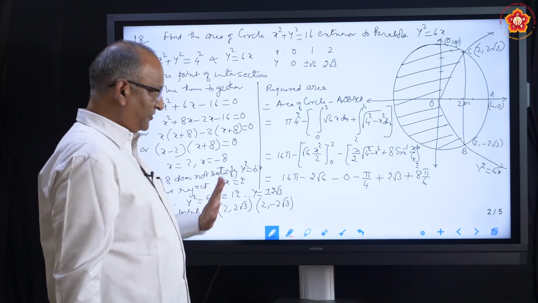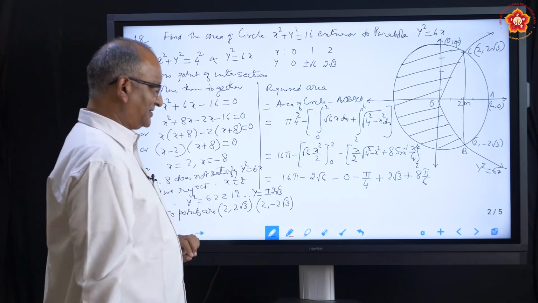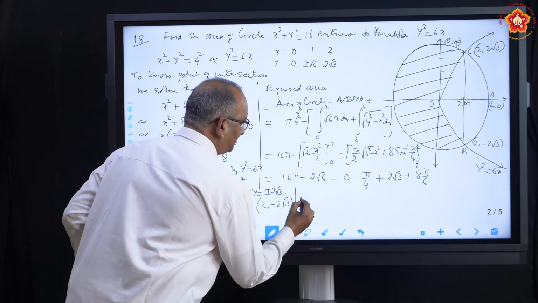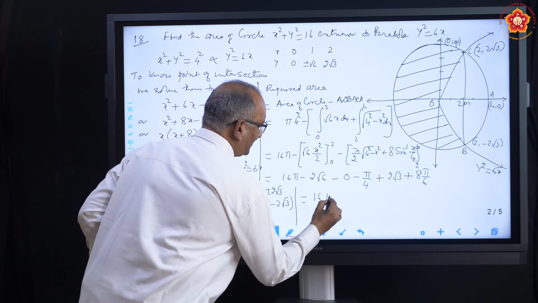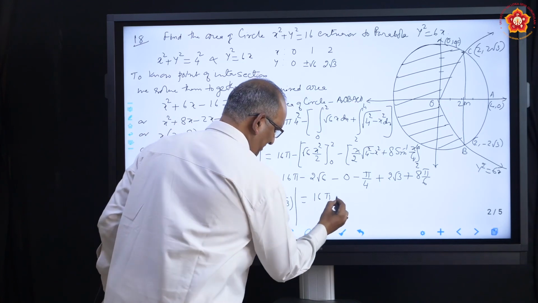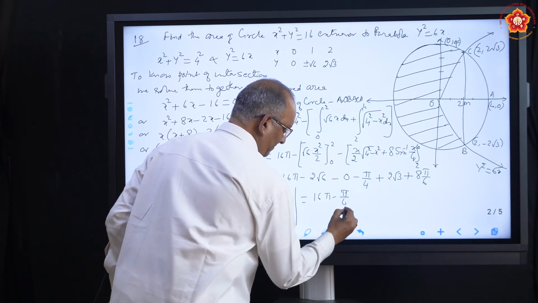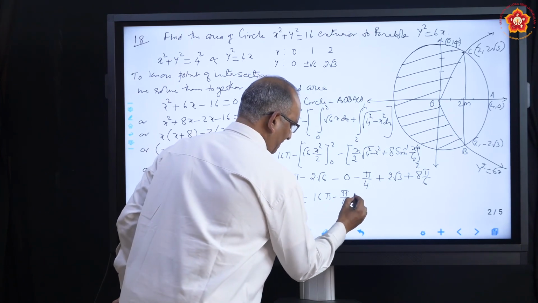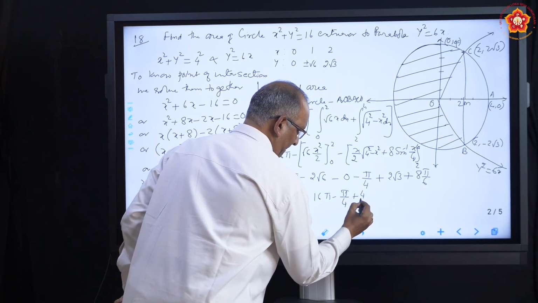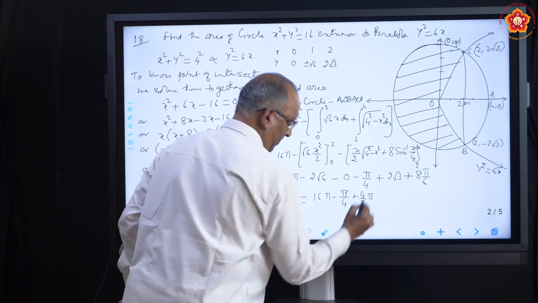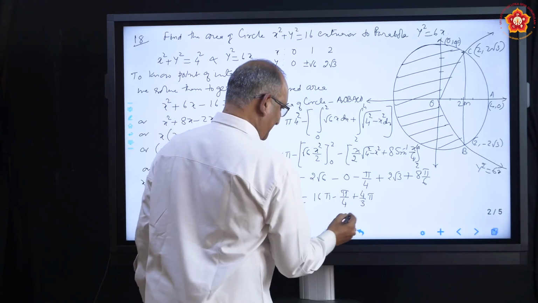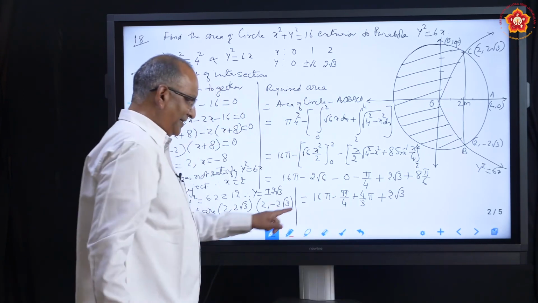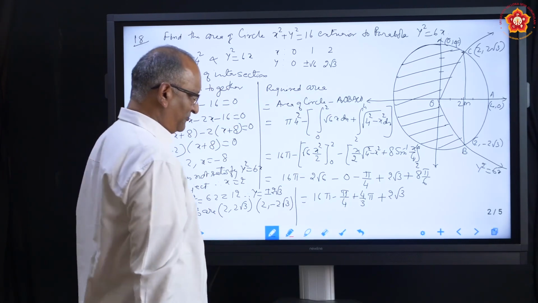This you can, if you wish, leave as it is as an answer, but there are 3 terms with pi. You can also club them. One is 16 pi. This is minus 4 pi. And this is 4 by 3 pi. Plus 2 root 3. These three, take LCM and simplify.